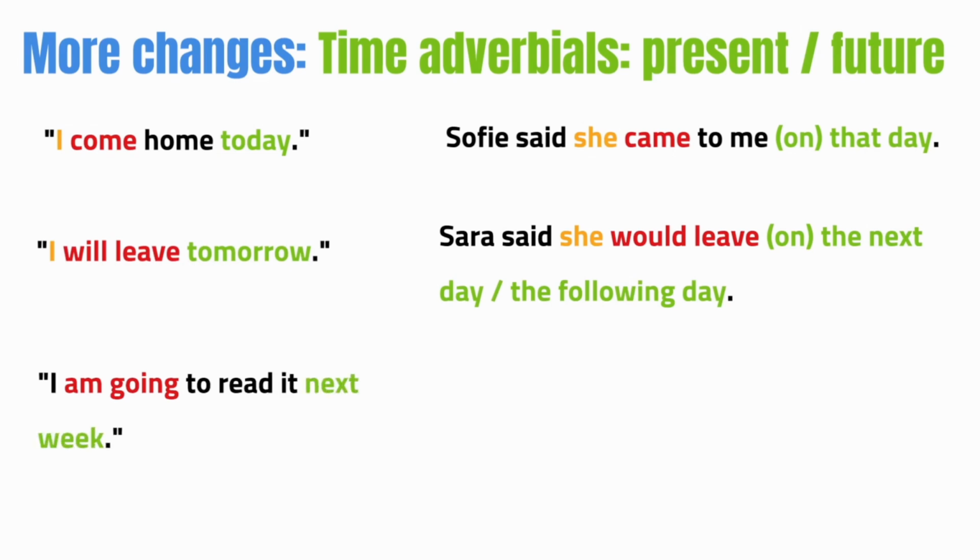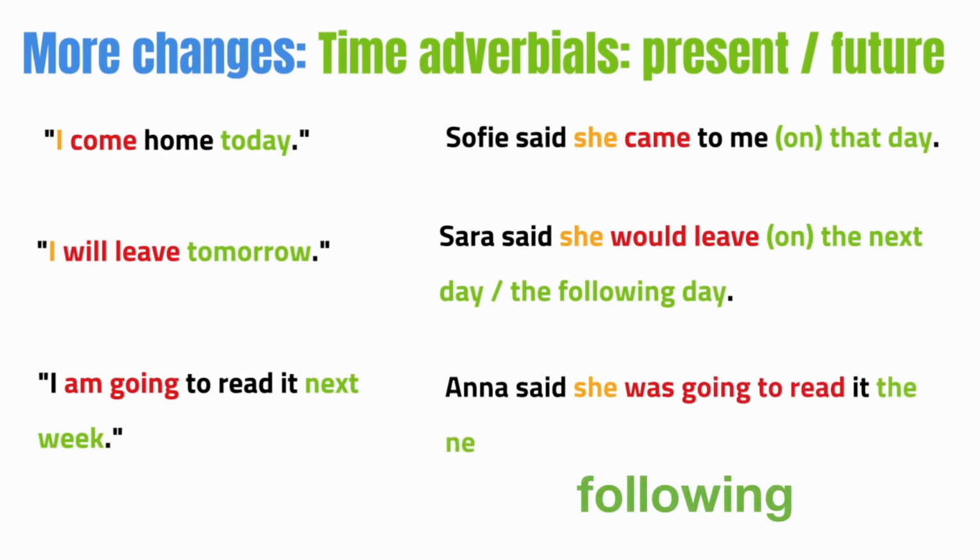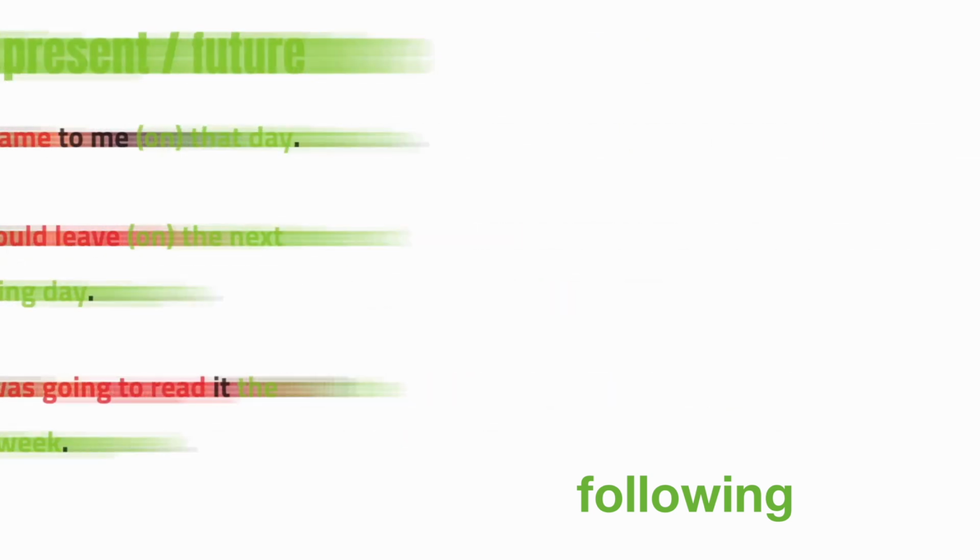I am going to read it next week. Next week doesn't stay the same. Anna said she was going to read it the next or the following week, and there is another typing error, following with 2 O's.